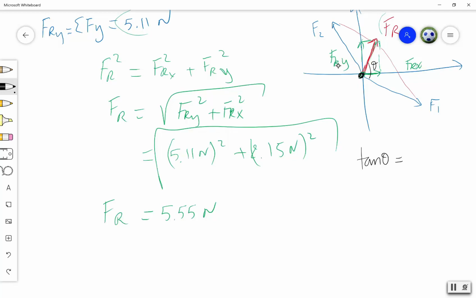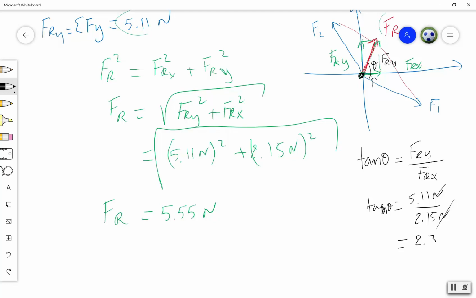The opposite is FRy, over the adjacent, which is FRx. We know the numbers: FRy is 5.11 Newton and FRx is 2.15 Newton. We cancel the Newtons.